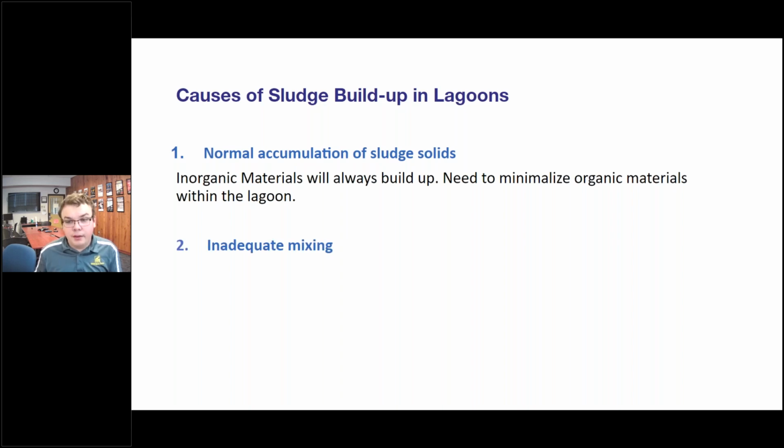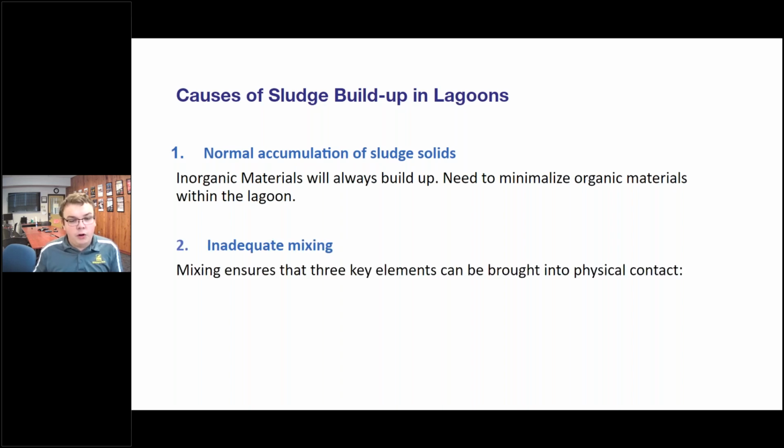There's also inadequate mixing, where you aren't getting the proper contact time, the physical contact with bacteria, dissolved oxygen, and the BOD for the system. Those are the two big things that are going to cause sludge buildup.